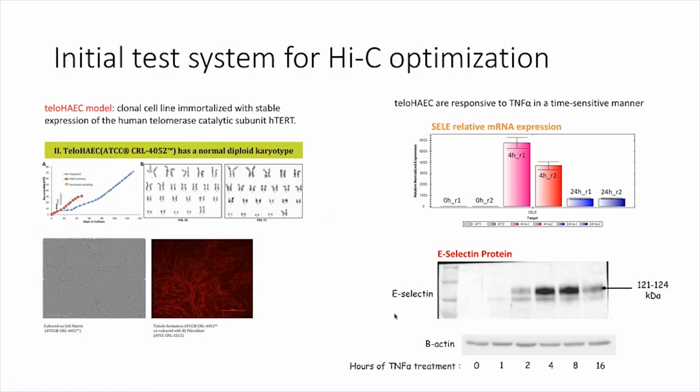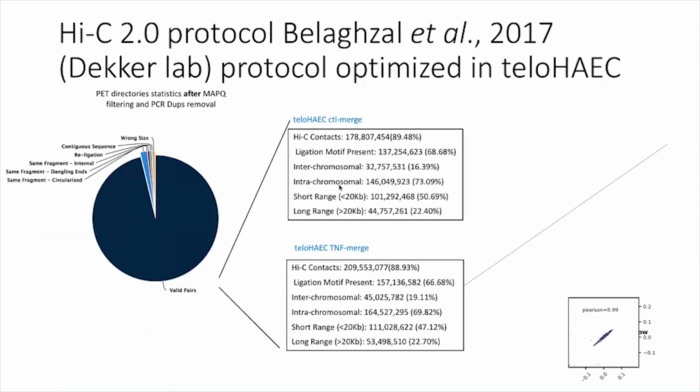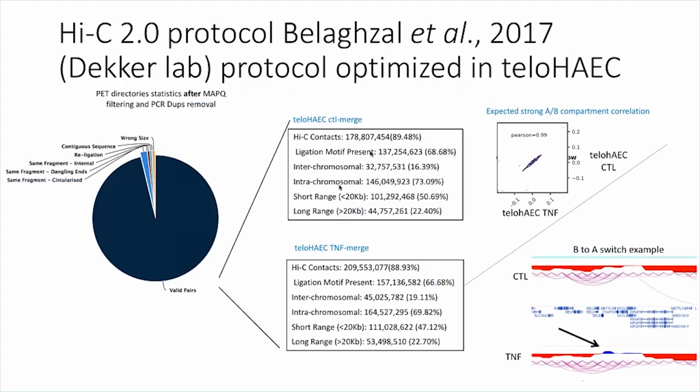Since our labs were naive to Hi-C before, we started initially with the endothelial cell model, which can be induced using TNF-alpha, to start optimizing the Hi-C. We used the Decker lab protocol, and we were able to generate relatively high quality Hi-C libraries based on the HiCUP QC pipeline.